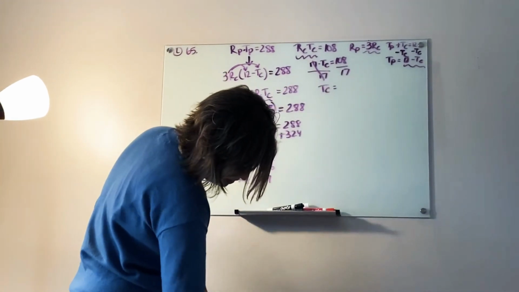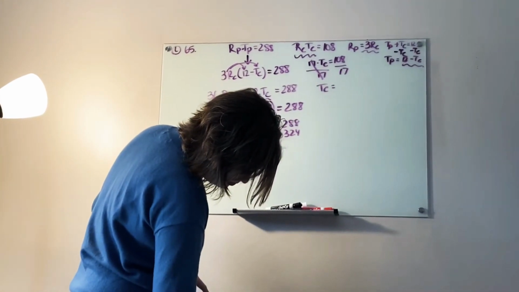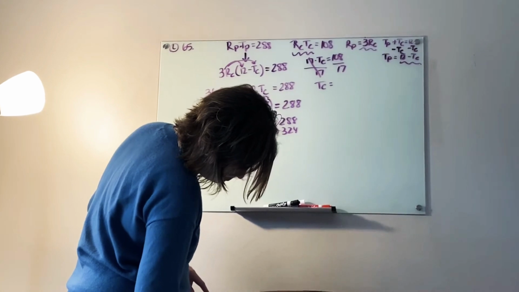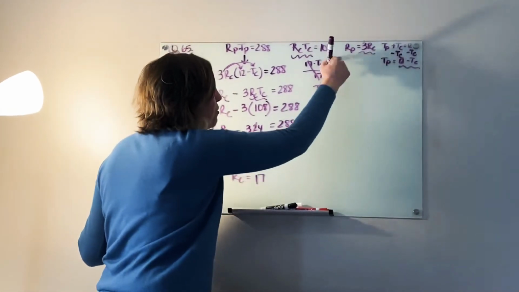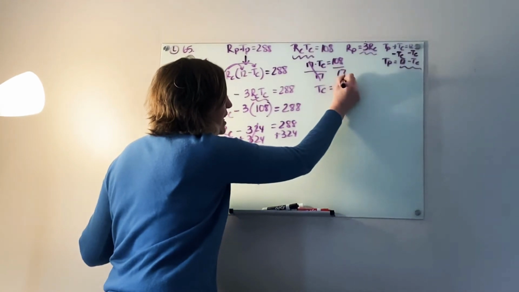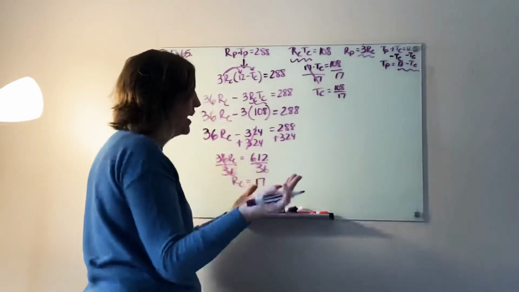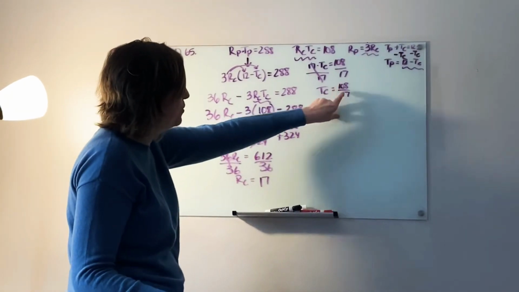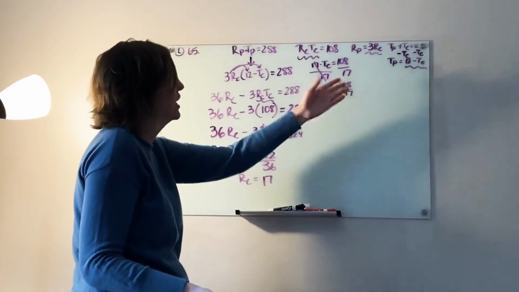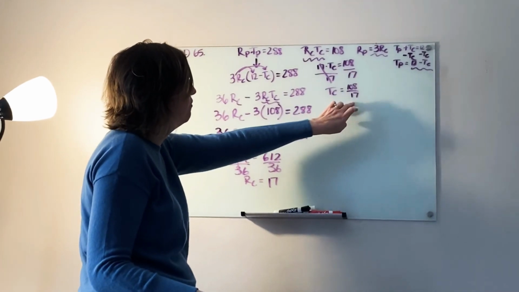So if RC was 17, then where is TC? I'm trying to find my answer. Oh, that is it. I'm sorry. 108 divided by 17 is actually the answer. I don't have my calculator, so I couldn't work it out, so I thought it was a whole number. The answer is actually 108 divided by 17. It doesn't work out evenly, so just leave it in that format.